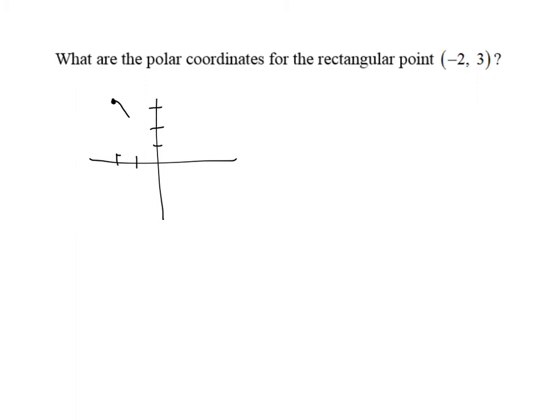We could draw in the hypotenuse of our right triangle. We got -2 here, 3 here. Of course, we're trying to figure out what r is, and we're also trying to figure out this angle, theta. All right, so go ahead and see what you get for r and theta. I will let you use your calculator to get these values.